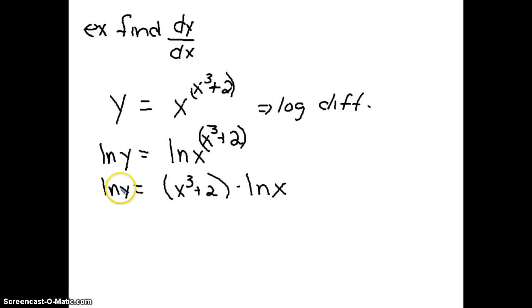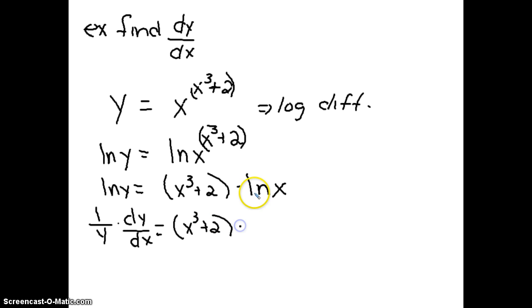This is just implicit differentiation. We're going to find dy/dx. So it's 1 over y times dy/dx equals, this side is a product. So I get x cubed plus 2 times the derivative of this, which is 1 over x, plus ln x times the derivative of this, which is 3x squared.